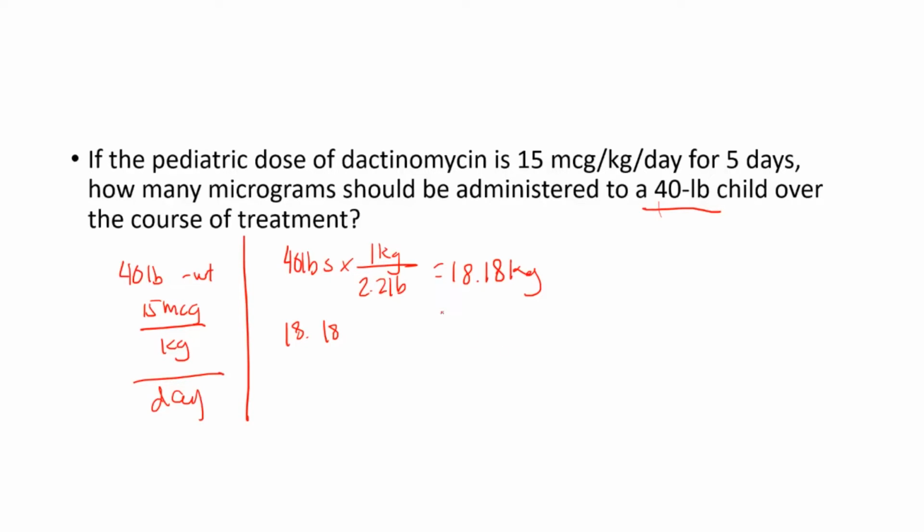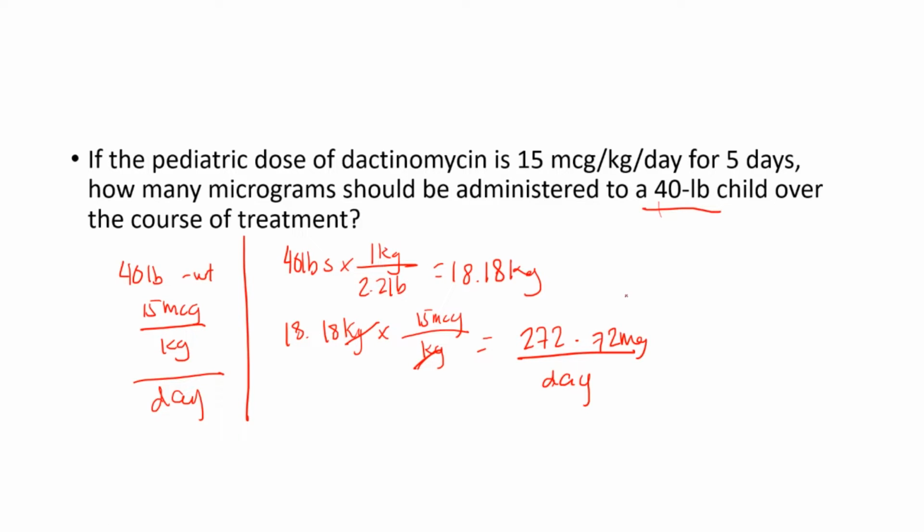Okay. So 18.18 kilograms times, sa isang kilogram, 15 micrograms ang ibibigay. Cancel the kilograms out. We'll have 272.72 micrograms per day. Okay? Sa isang araw, 272.72 micrograms ang ibibigay.